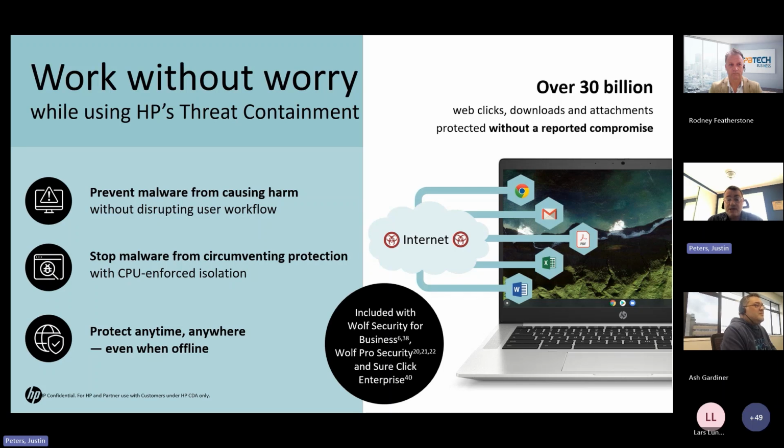I'm going to use the Wolf Security for Business version, which, if you've got one of those devices, you've got entitlement to run. So we're going to do a demo so you can see it, feel it, and then after that, I'm going to talk about where to get it if you're not sure if you're running it today, and then some options around central management, which you get with the Pro and Enterprise versions.